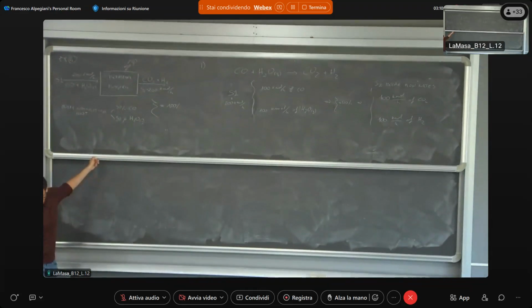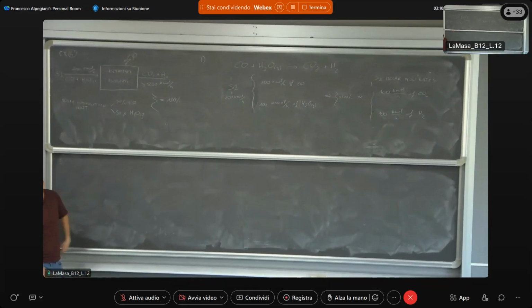Then it asks to determine the molar composition, the mass flow rate, and the mass composition of the outlet stream.